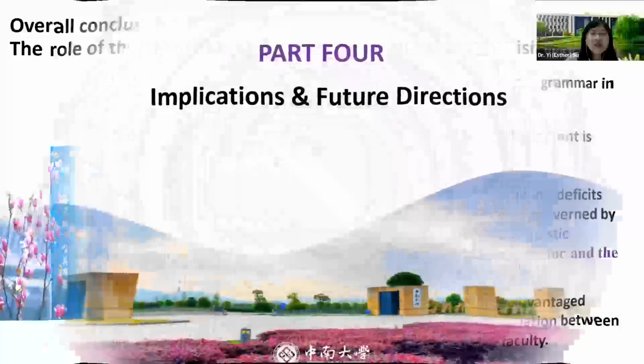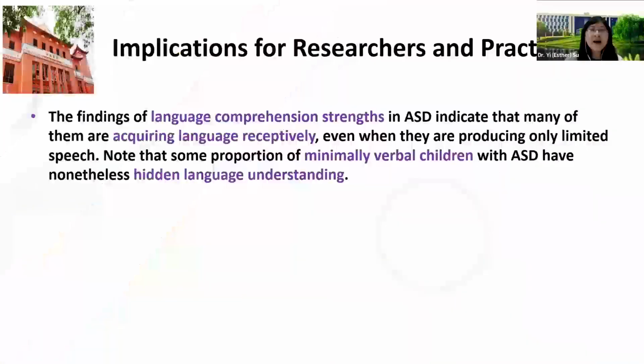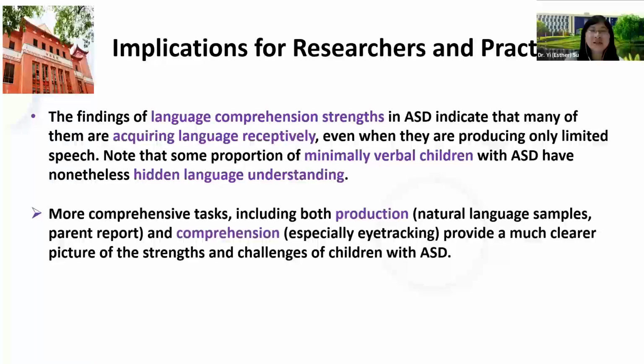And the implications, I think, are that our study indicates that the language comprehension strengths in ASD may give us the important insight that many of them are acquiring language receptively, even if they only produce limited speech. Especially, we found minimally verbal children with ASD still have hidden language understanding.